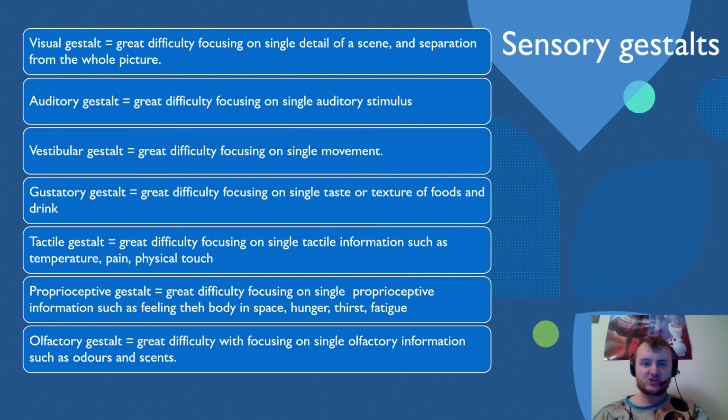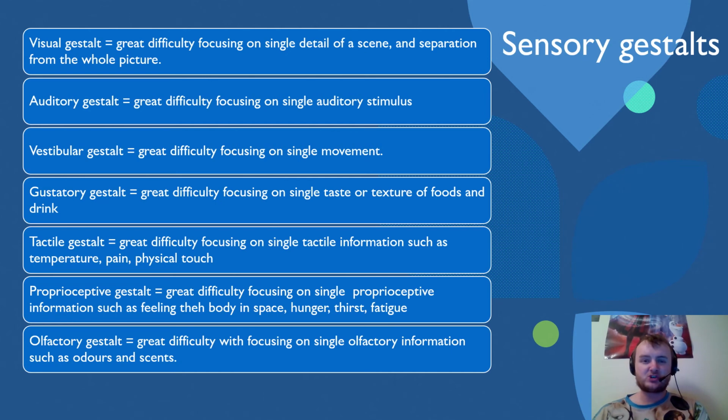Then we have tactile gestalt, so things like trying to focus on temperature, pain, or physical touch. Perhaps one day you are touched in a particular place that you're comfortable with, then the next day you might accidentally be touched somewhere else, and as a result the situation changes. You feel incredibly confused and uncomfortable.